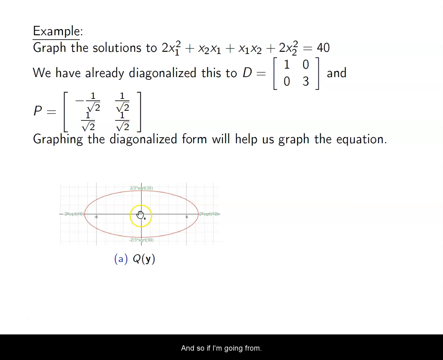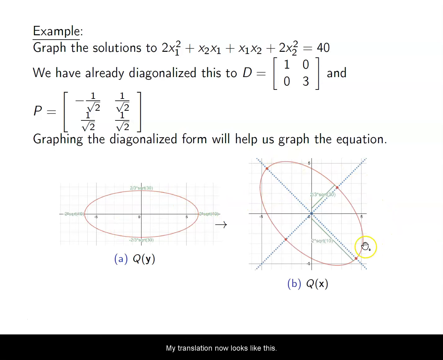Okay, and so if I'm going from a vector that is along the axis to one that is at 1, 1, that is a 45-degree rotation, right? If this is 90, a vector at 1, 1 is straight down the middle.